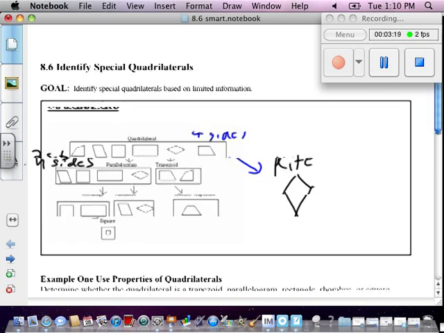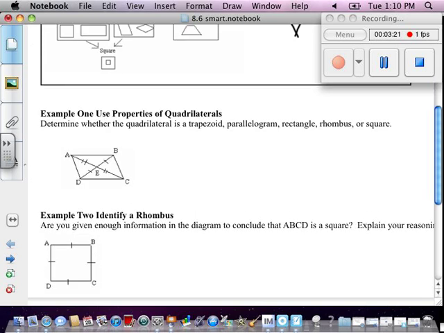All right. Determine whether the quadrilateral is a trapezoid, parallelogram, rectangle, rhombus, or square. Okay, well, let's think about these special things. So I'm looking at it, well, I know it's a quadrilateral. That's a good one. It's got 4 sides.